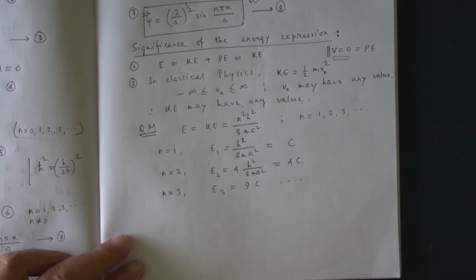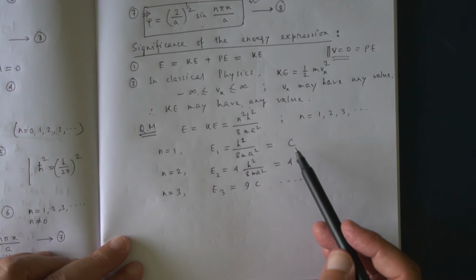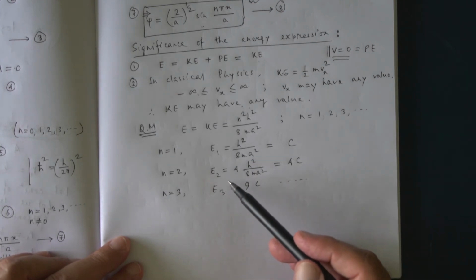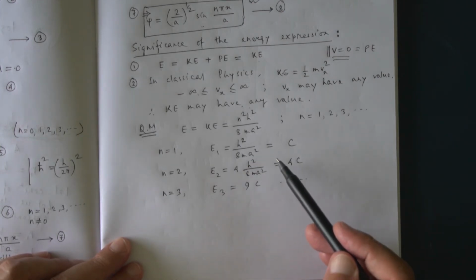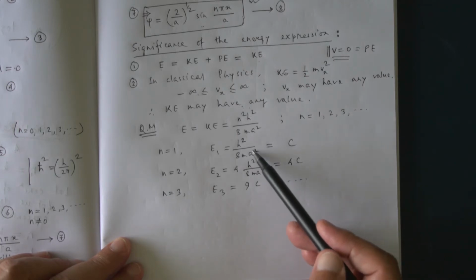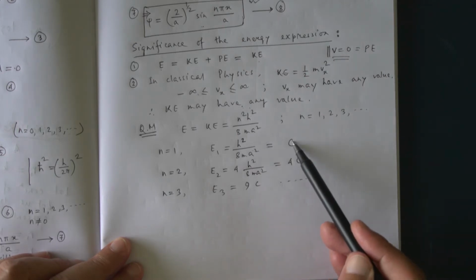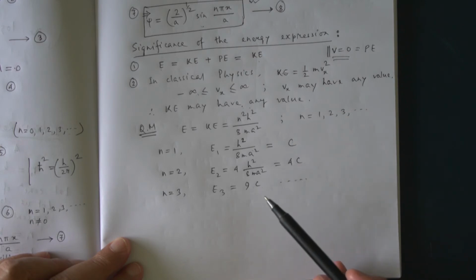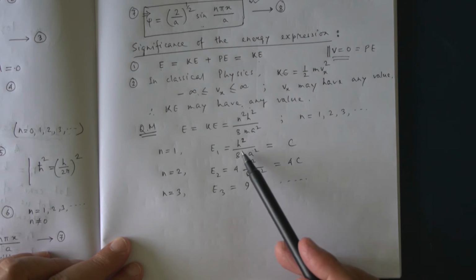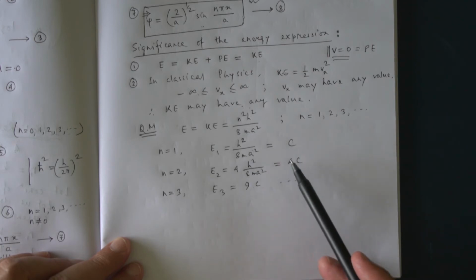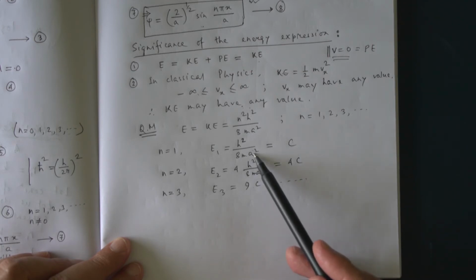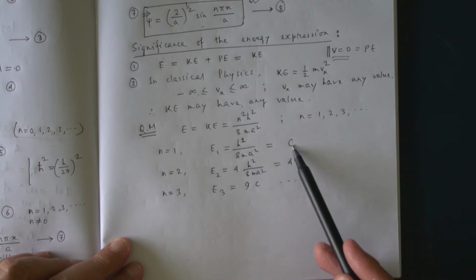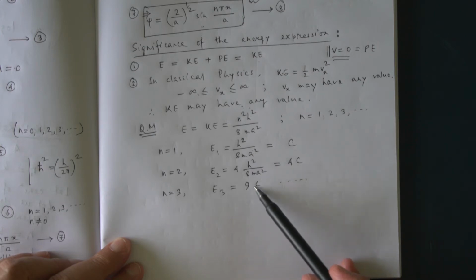So you see, any value of kinetic energy, that is total energy, is not possible. Only some definite values are possible. I repeat, arbitrary values of kinetic energy are not possible. Only some definite values are possible.